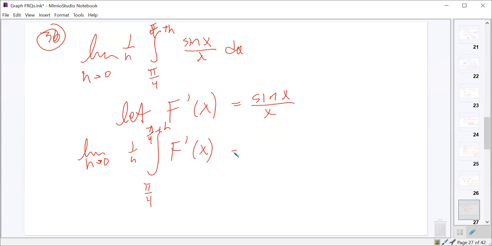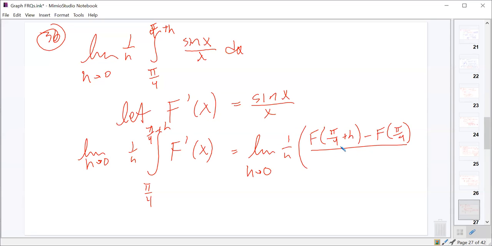So then effectively what we have is the limit as h approaches 0 of 1 over h times capital F of pi over 4 plus h minus capital F of pi over 4. Yeah, that's good.